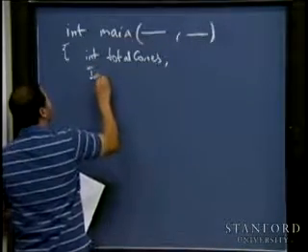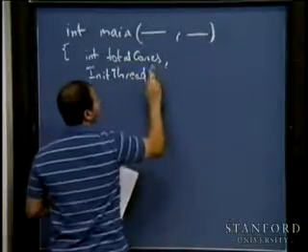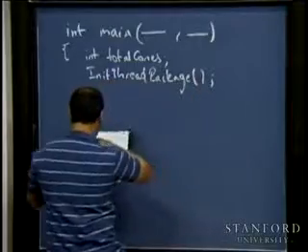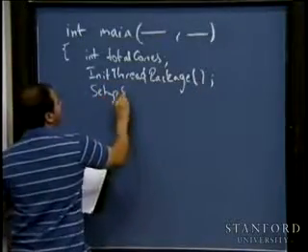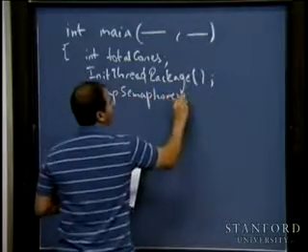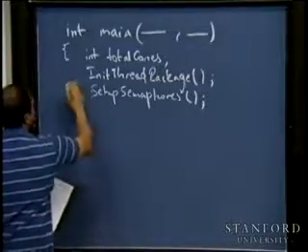So we do the normal stuff. We init the thread package. And we set up some semaphores that I will introduce right away. But just bear with me until I get to this point.